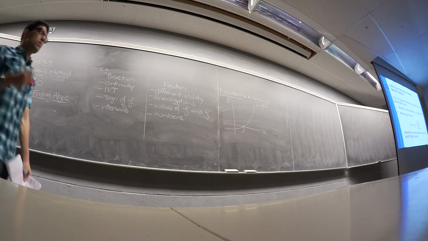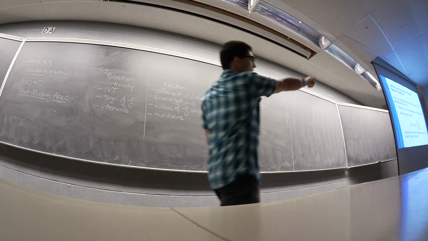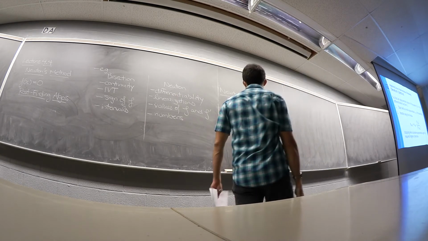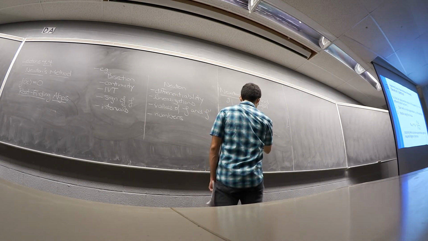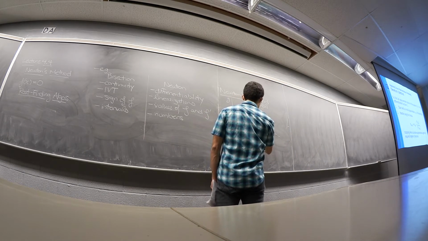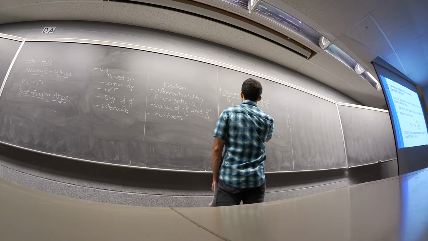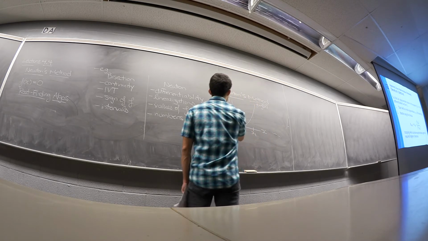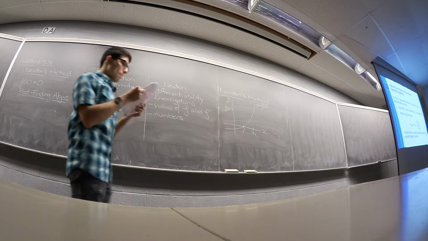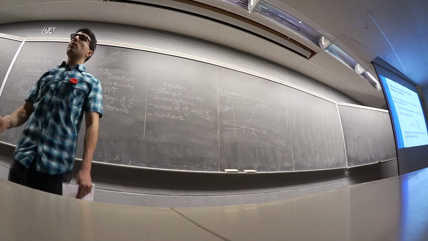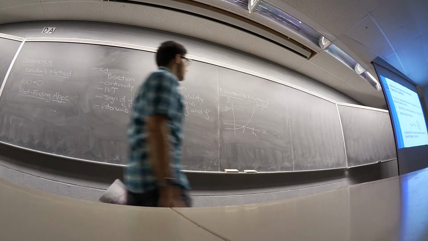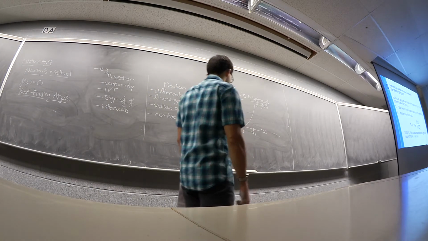We start with an initial guess, x sub 1, close to r, of where we think the root should be.